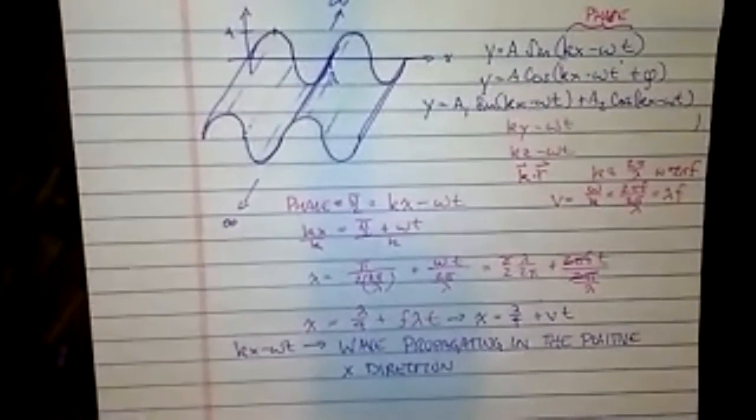So that's one thing we've concluded, is that the kx minus omega t would in fact be a wave moving in the positive x direction.